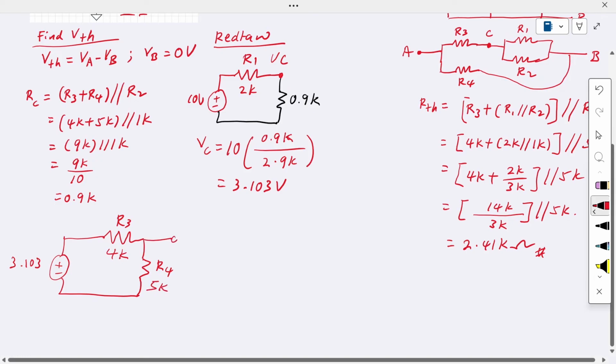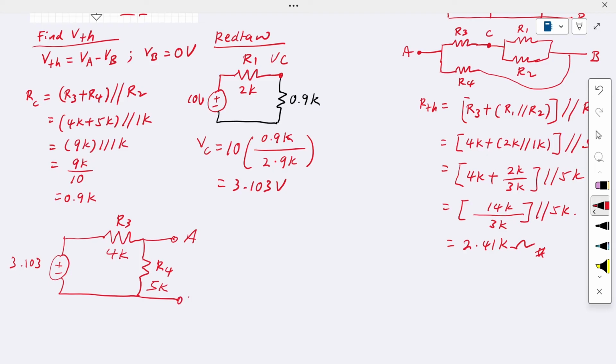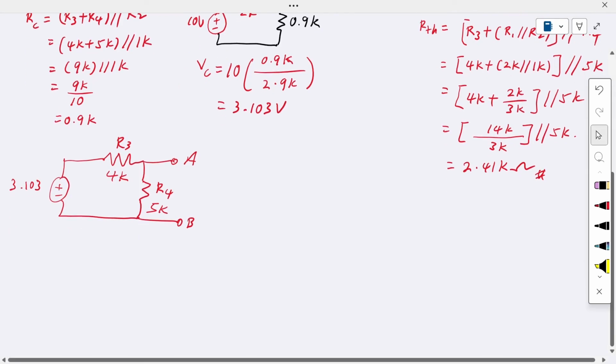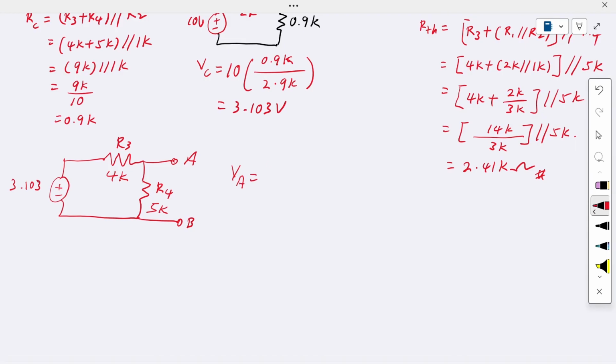Okay, so remember this one is the A node, this one is the B node. So for this, we find VA using the voltage divider formula. Here we have 3.103 volt times 5K divided by the total resistance 9K. So the VA that we get is 1.724 volt.